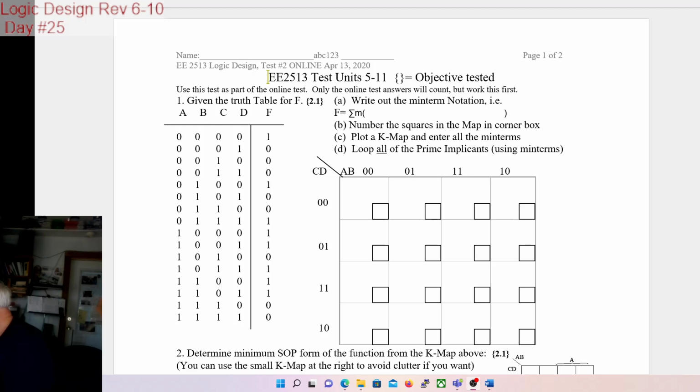If F were supposed to stay at 1, it could actually drop to 0 and then come back up depending on the timings. The way to fix that would be to add this one consensus term, which would be B C prime. The reason that works is because there's no A in that term. So the change in A wouldn't affect that term, and it would still stay as a 1.